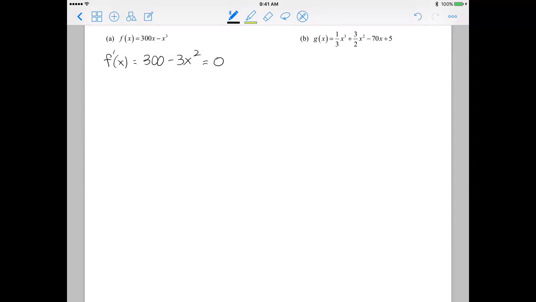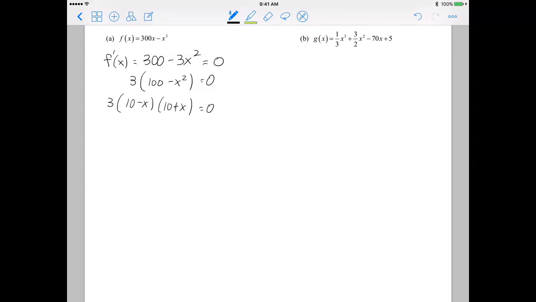Okay, so what I'm going to do is factor out a 3 from both of the terms here, so that's going to leave me with 100 minus x squared equals 0. And then what I notice in the parentheses is that that's a difference of squares. So this is going to be 3 multiplied by 10 minus x times 10 plus x.